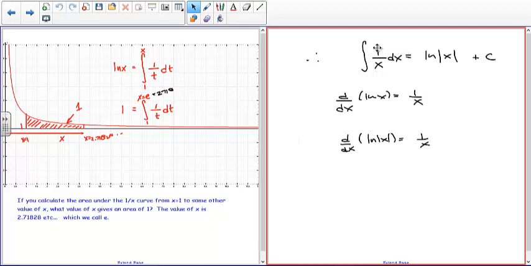And because we defined the integral of 1 over x dx as being the natural log of the absolute value of x, then we can say that likewise the derivative of the natural log of x is 1 over x. Just like we did it the other way previously, we knew the definition for the derivative, and then we used that to define the integral.